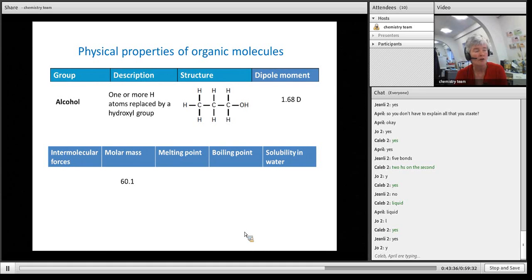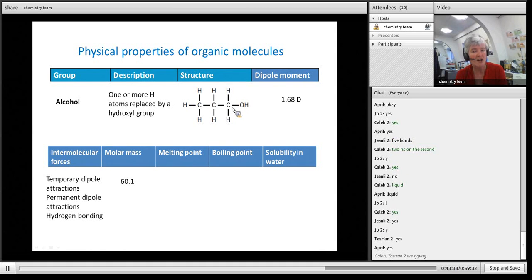Now, the longer this alkyl chain, the less soluble it becomes. So propanol is about the limit. Butanol is sort of not mixing very well, and pentanol, which smells like smelly socks, is certainly not particularly soluble. Okay, but can you see the big jump in boiling point? Because of the hydrogen bonding. Okay, and miscible means it's soluble in all proportions between water and alcohol.